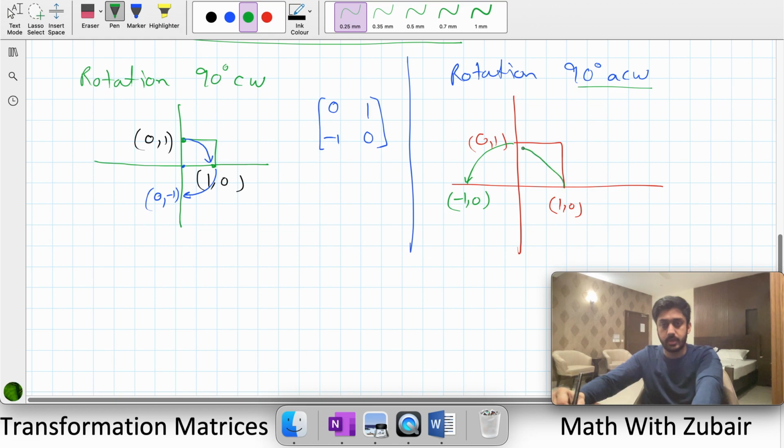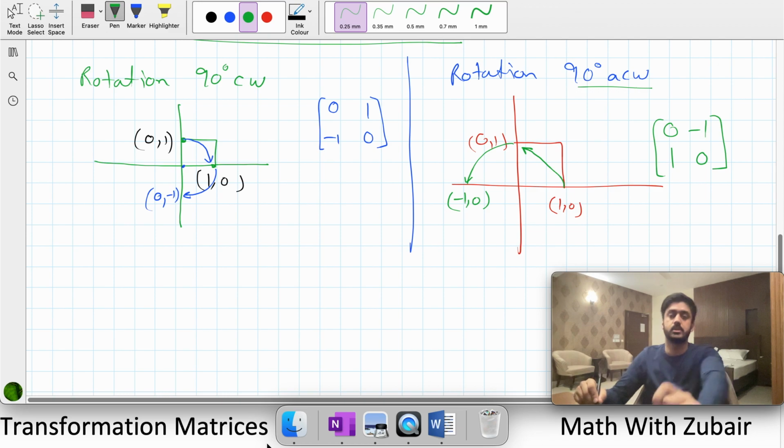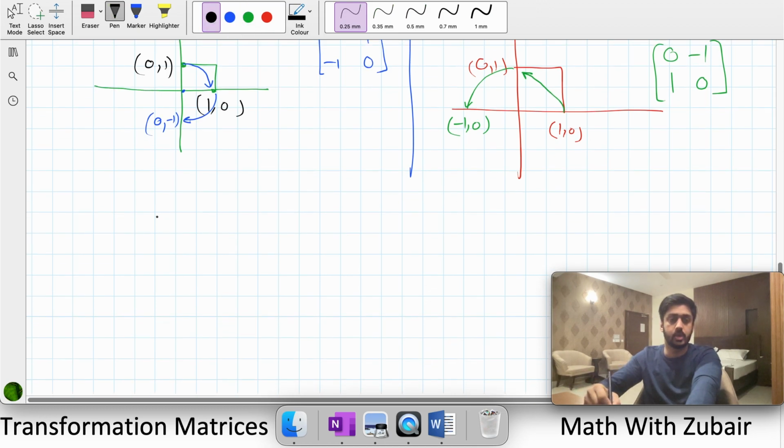This point rotates and becomes 0, 1. So the point on x-axis became 0, 1. The point on y-axis becomes -1, 0. So this is the matrix of rotation 90 degrees anti-clockwise about the origin. Done with 90, and then you have 180.